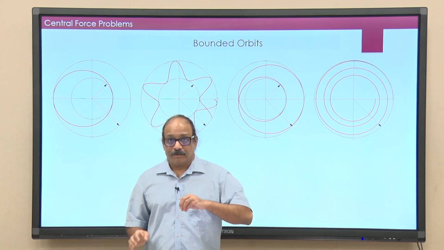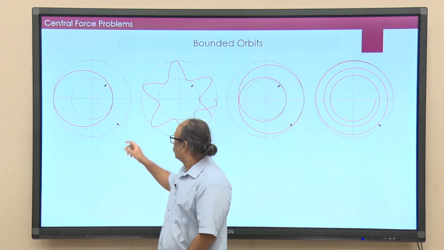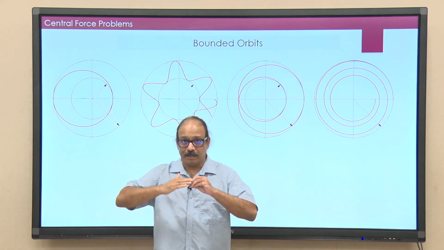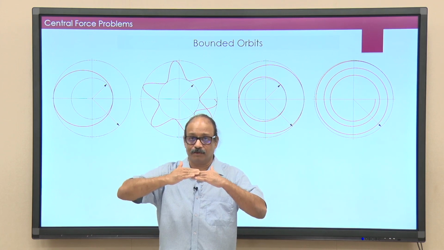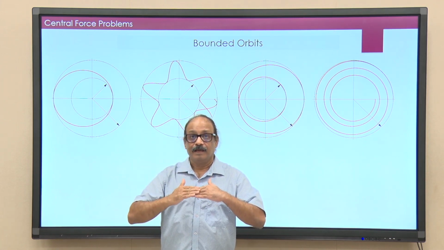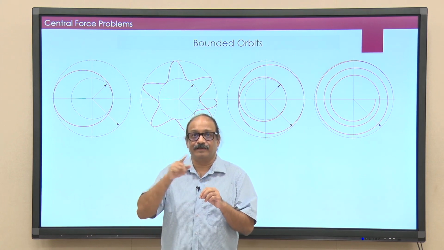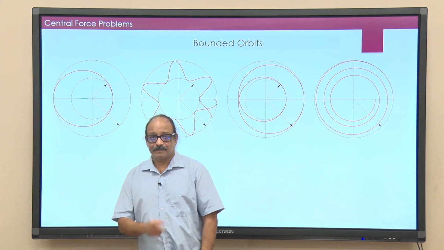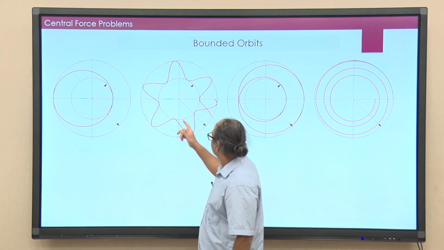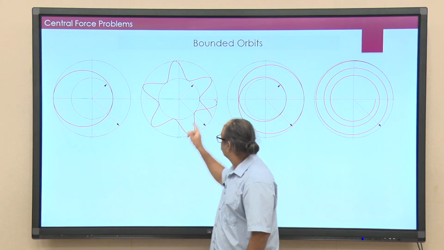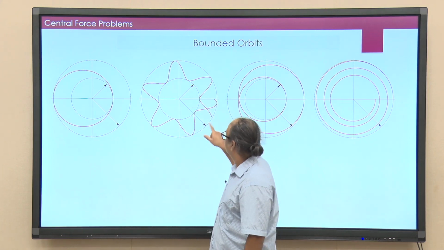So, by the time this particle does one oscillation between r1 and r2, that is, going from r1 to r2 and coming back to r1, theta has changed by exactly 2 pi. That is when you can get a closed orbit, but that is not the only thing. Here the orbit may not be closed, you could actually go on doing this.